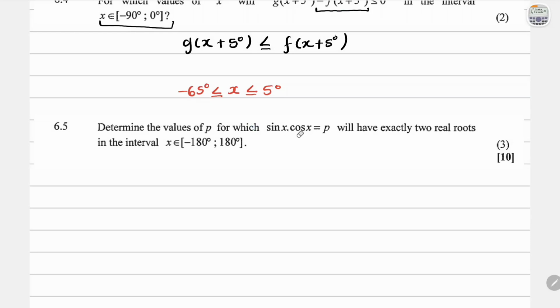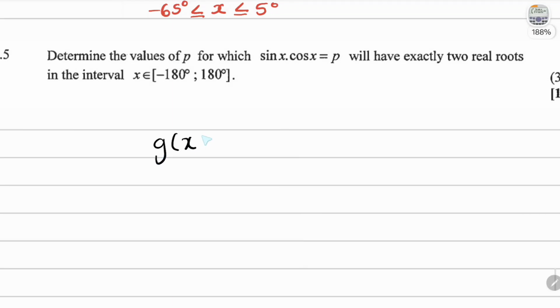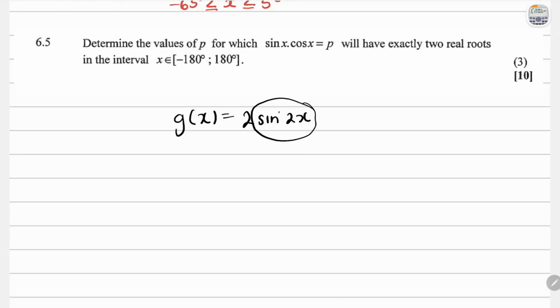Already looking at sine x cos x, it probably has to do with the graph of g, because remember that g of x is equal to 2 sine 2x. As you can see from that sine 2x, we have double angles there. So we can expand that using the correct double angle expansion. Okay, so we can start from there.